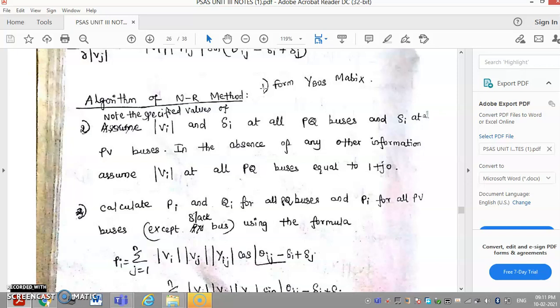Then the second step is to note the specified values of modulus of Vi and delta i at all PQ buses and delta i at all PV buses. In the absence of any other information, assume modulus of Vi at all PQ buses equal to 1 plus j0.